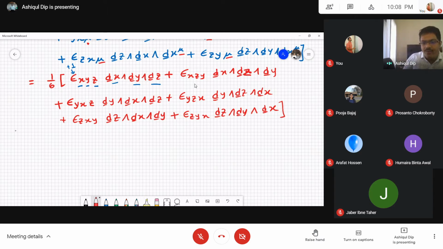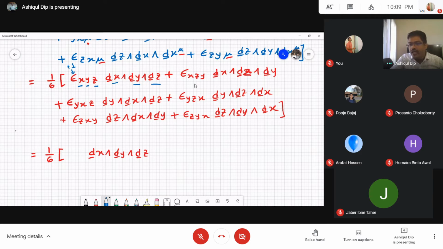Now if you write that term, that gives you 1/6, that's fine. Then epsilon xyz is +1, and you're left with dx wedge dy wedge dz. That's fine for the first term. Now for the second term, instead of substituting epsilon explicitly, do this.